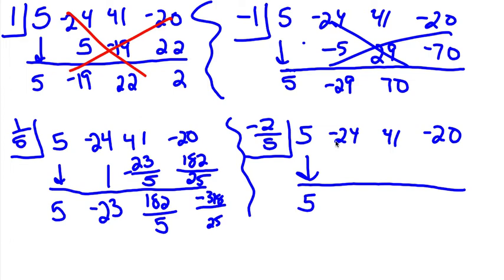All right, so 5 times negative 2/5 is negative 2. Add those together, we get negative 26. Negative 26 times negative 2/5 gives you, let me look here, I'm trying to look at my notes, 52 over 5.